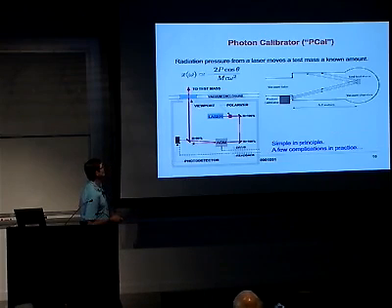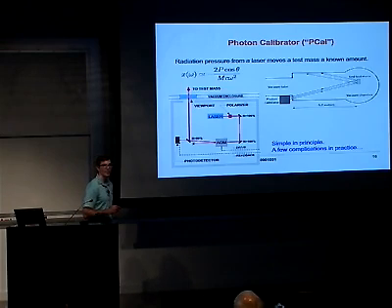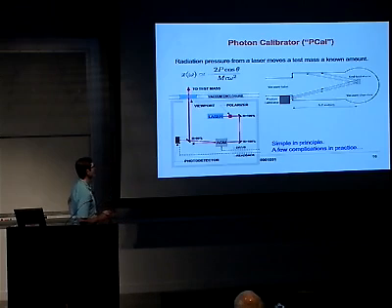Okay, so the details of how the photon calibrator works aren't really that important, except maybe for one thing, which is that the critical part of getting a precise photon calibrator calibration, at least in principle, is calibrating this photodetector pickoff here.